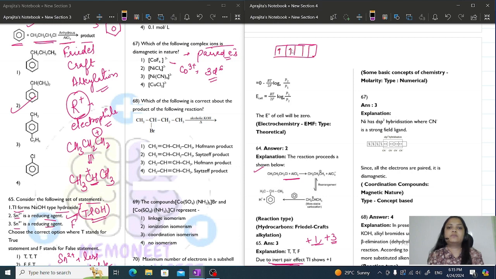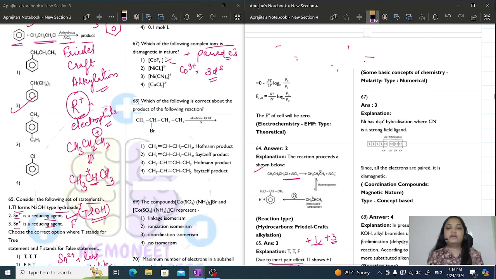Since fluorine is a weak field ligand, there won't be any pairing, and sp3d2 hybridization will happen with 6 ligands attached here. So there are unpaired electrons present, which is why it is paramagnetic.